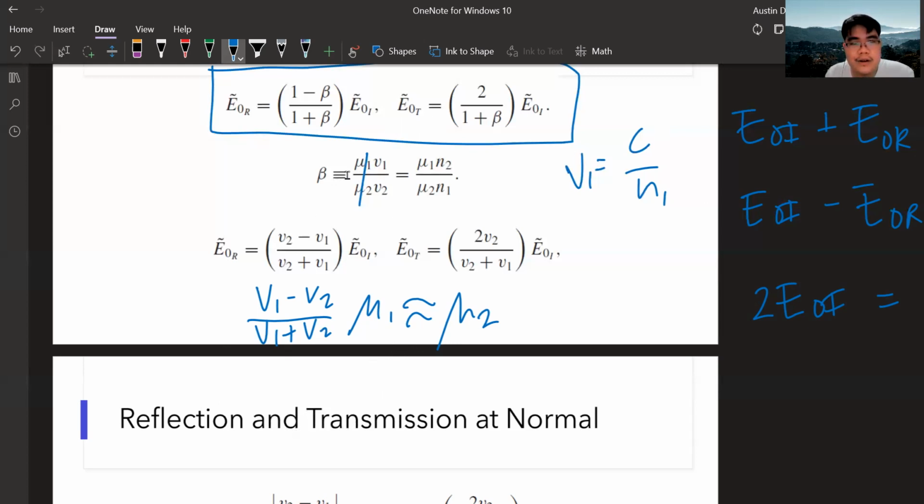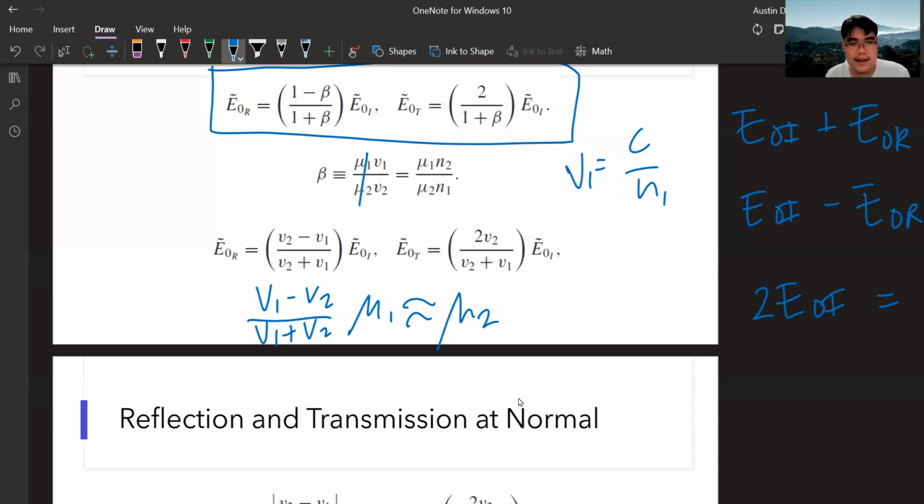Okay? So ito, okay. After this, you'll need to compute for the R and T coefficients. So for R, i-divide mo lang yung dalawang intensities mo.